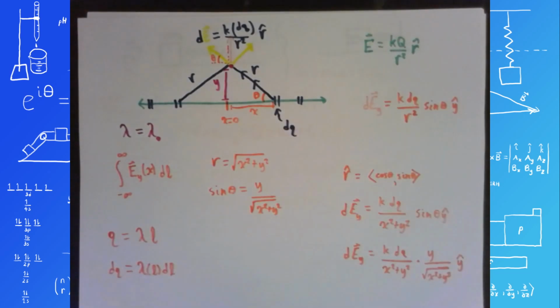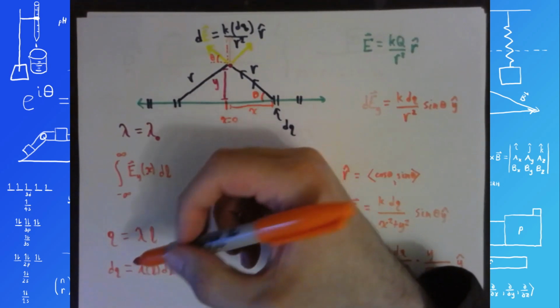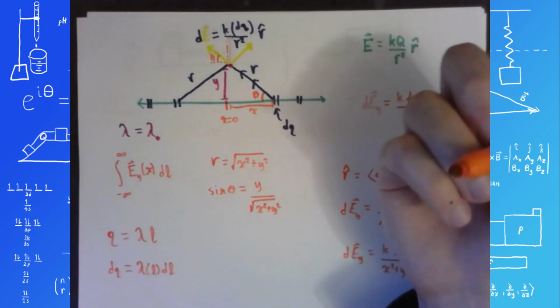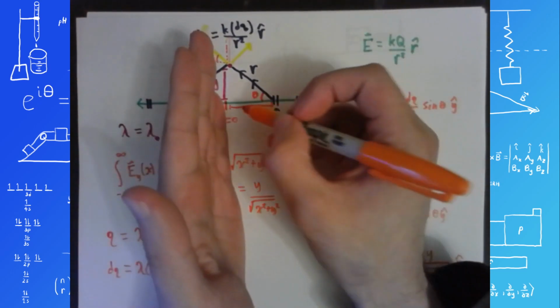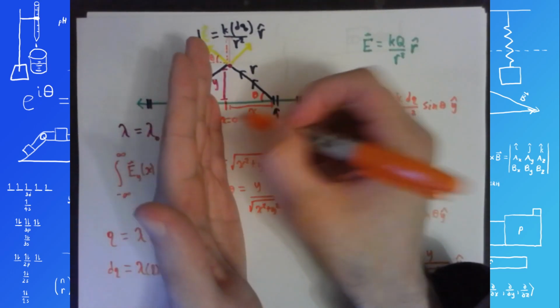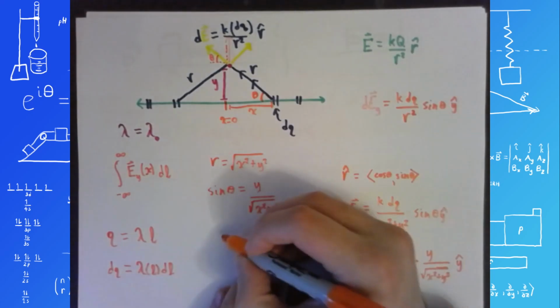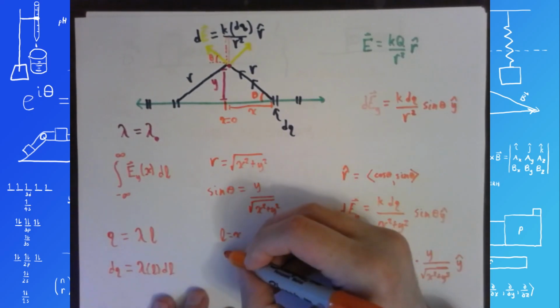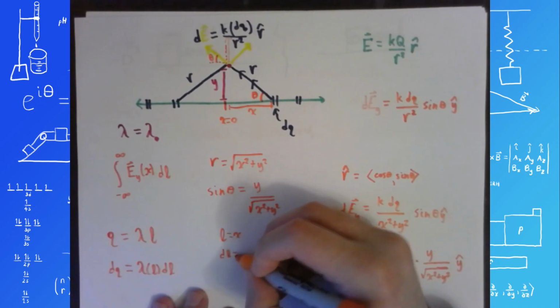So that's kind of the reasoning. Now then, I can say over here that L is essentially just my distance from x equals 0. So I can actually say that my L equals x, and therefore my dl can be replaced with dx.